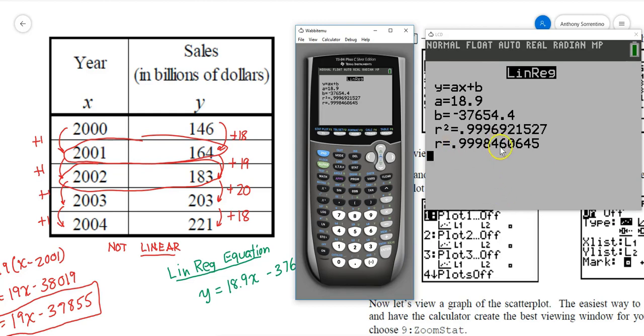The closer to 1 or negative 1 this R value is, the higher the correlation is, the closer they are related to each other. The closer to 0 that R value gets, the less of a relationship there is. So that's a measure, and that's also mentioned in your notes as well. This indicates to me that we have this linear regression equation with a pretty strong correlation.